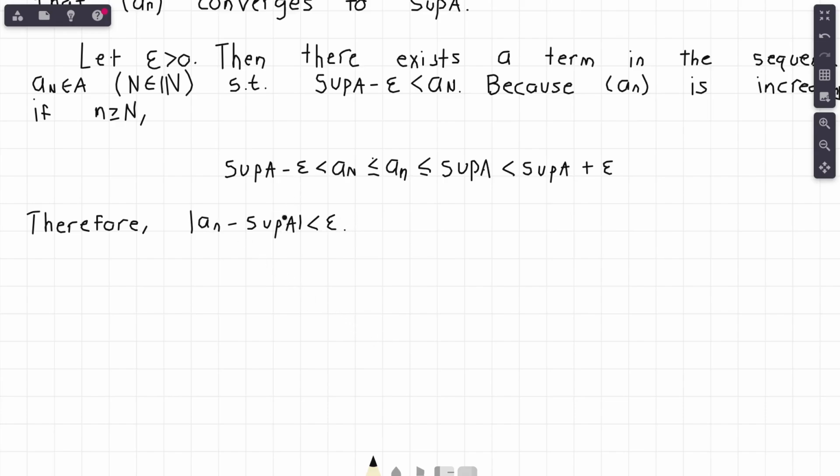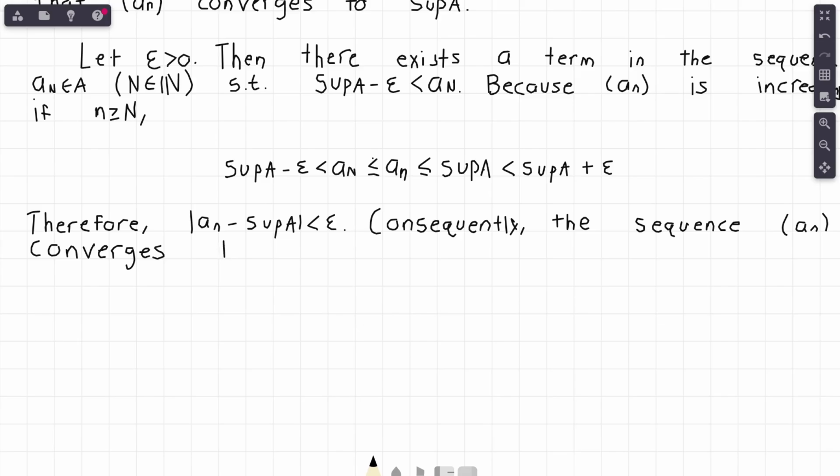Okay, so we can say that a_n converges to the supremum of A. So consequently, the sequence a_n converges to the supremum of A. And that completes the proof.